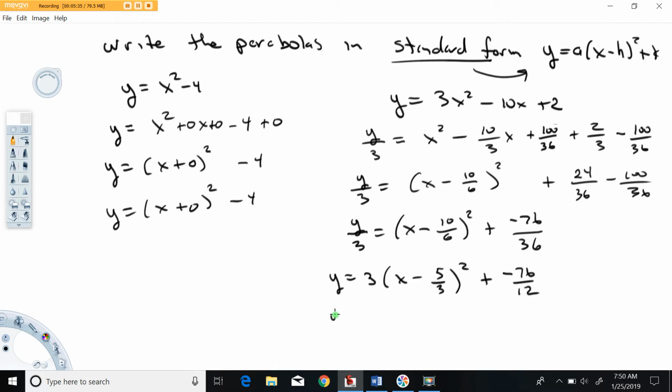Let's do one more simplification here. So x minus 5/3 squared, this is going to be minus... Now, these are both divisible by 2, which gives 38 over 6. I guess they're divisible by 4. Let's see, it's going to be a 3 and 76 over 4.